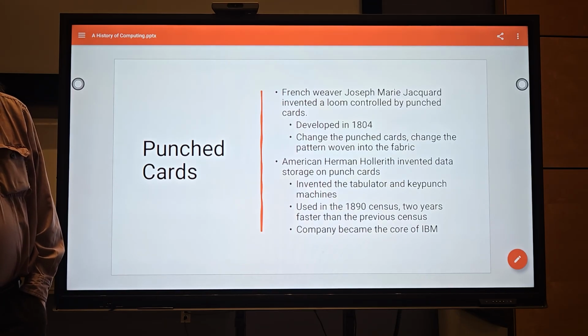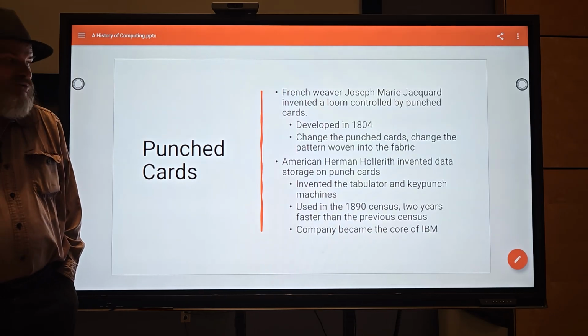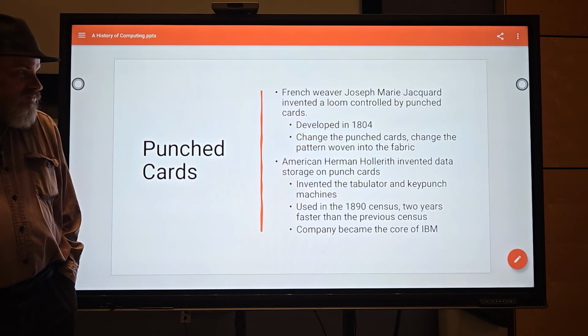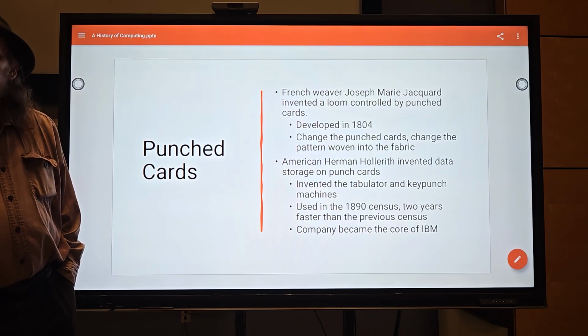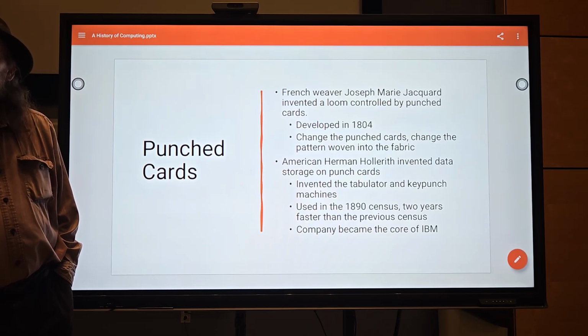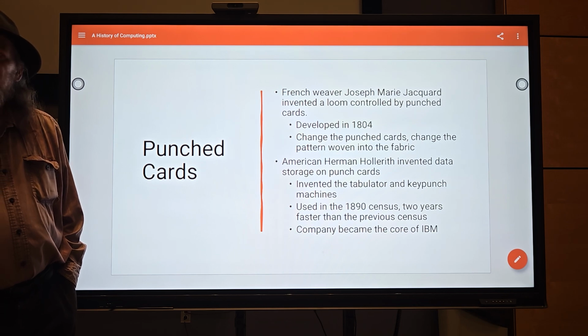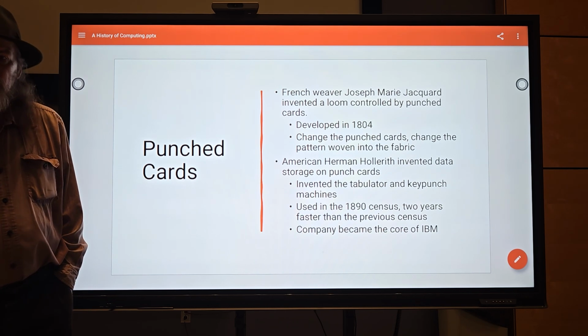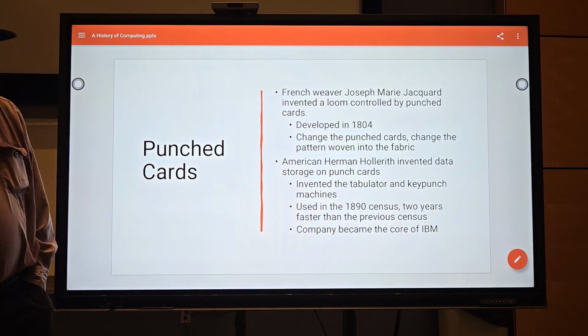The first computer programmer, Lady Ada Lovelace. And we'll get up to supercomputers and that sort of thing toward the end of that discussion.